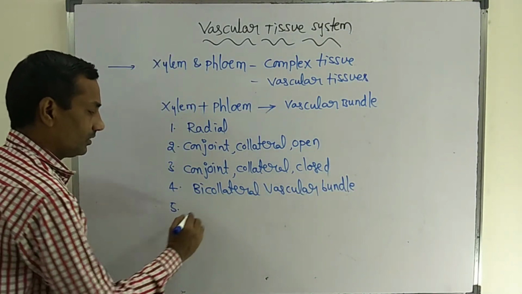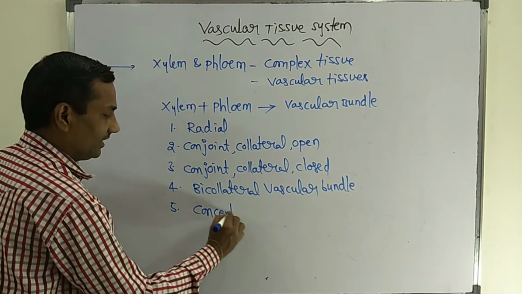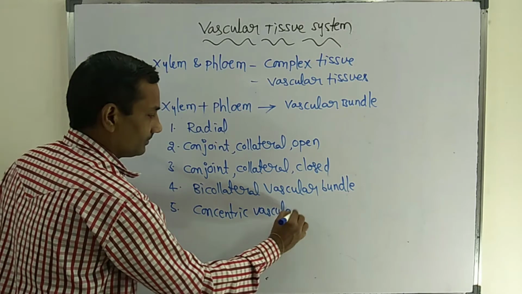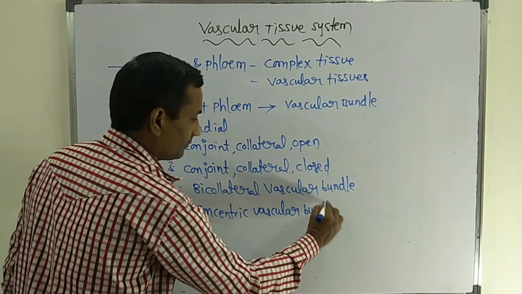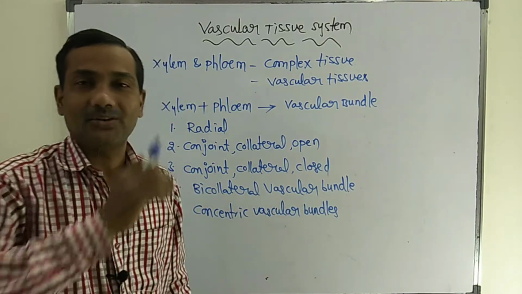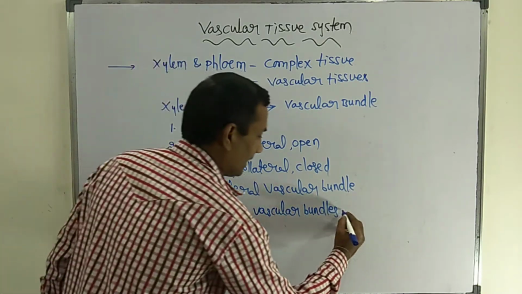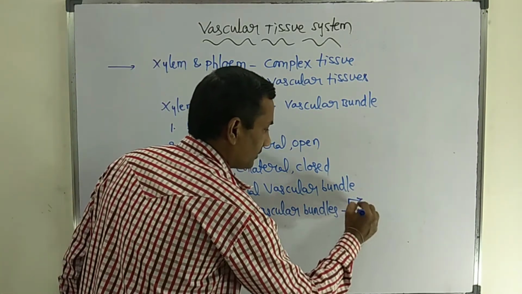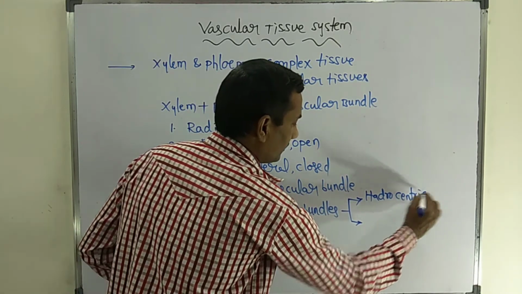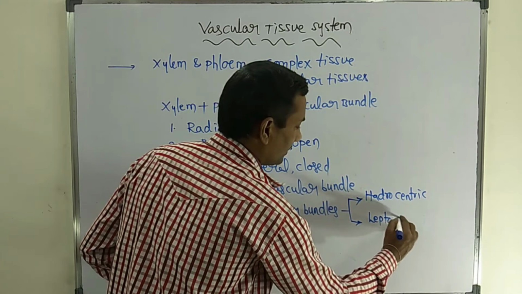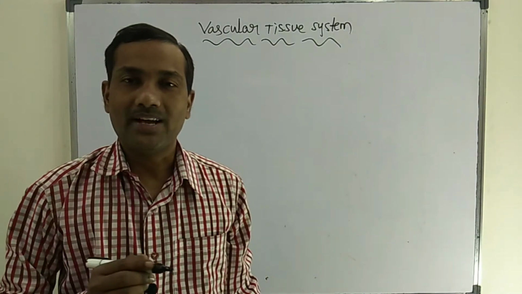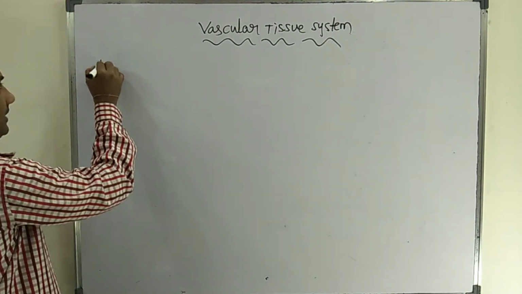Fifth type, concentric vascular bundles. Concentric vascular bundles, based on the location of xylem and phloem, are again divided into two types, hadrocentric vascular bundle and leptocentric vascular bundles.